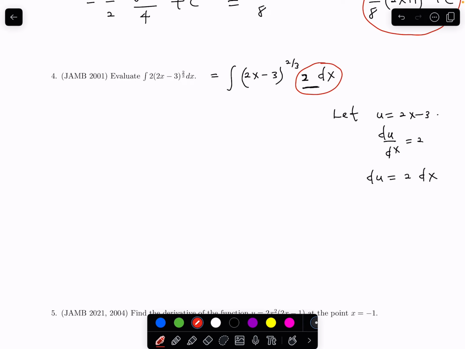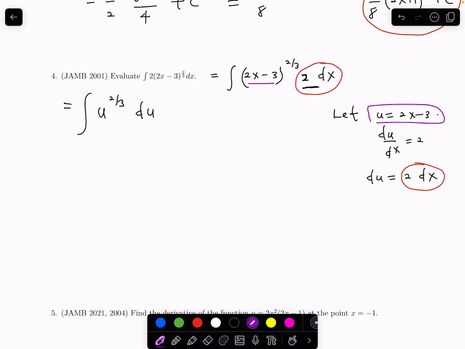And I have a 2 dx here, right? So instead of writing 2 dx, I can actually just write du. So this integral is just going to be the integral of u to the power of 2 over 3 du. Okay, so what I just did here was, instead of writing this 2x minus 3, I wrote u, right? I substituted. That's why they call it substitution.